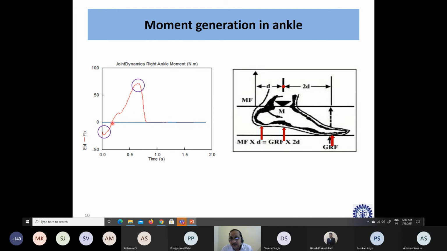So the net moment becomes 0. But as you move towards the right, the position of the ground reaction force is shifted more towards the toe, and that produces a very high positive moment, which needs to be counteracted by the muscle forces. So this is how the progression of the moment generated within the ankle is exhibited.